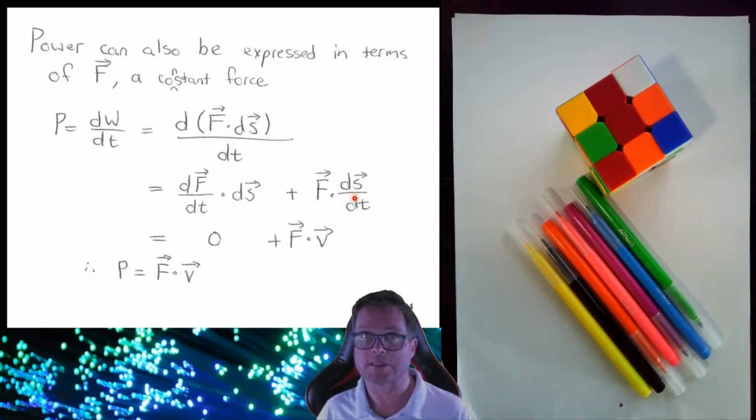The change in displacement with time is velocity. So we get this interesting result where power can be rewritten as the dot product between the force and the velocity, and this specifically applies to the case where the force being applied is constant, which allowed the dF/dt term to be 0 and this whole first term to fall away.